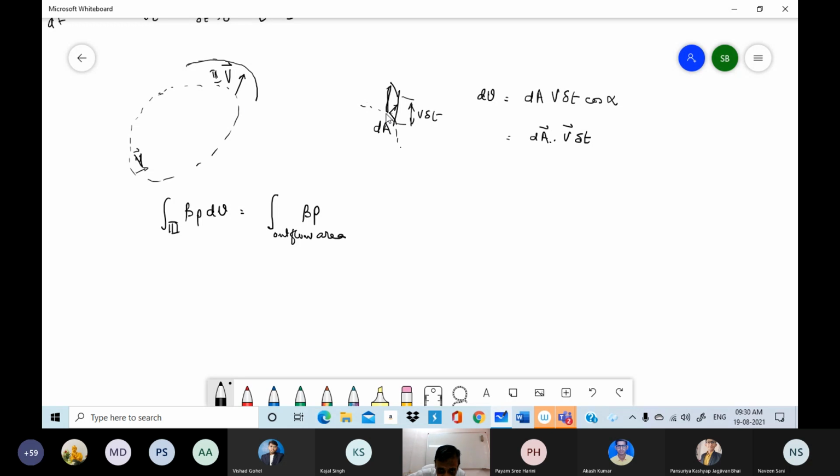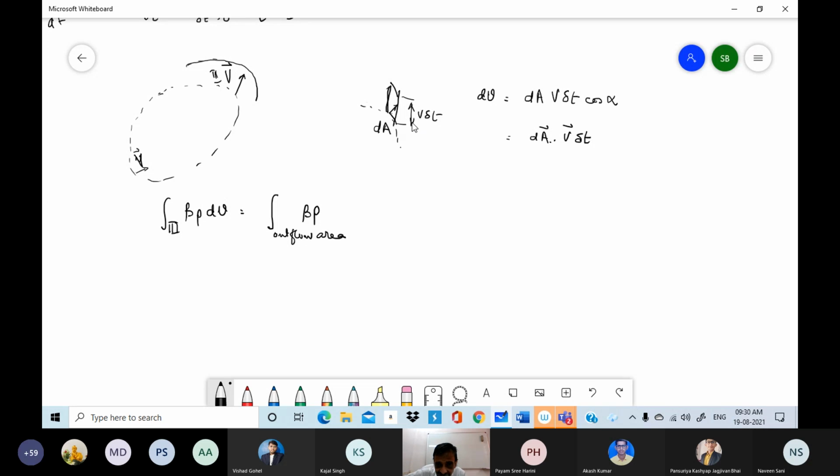So let me consider a small element dA. That element dA has a certain direction. The velocity may not have the same direction. The direction of the area is the direction of the normal to the area. That is how the vector area is defined.